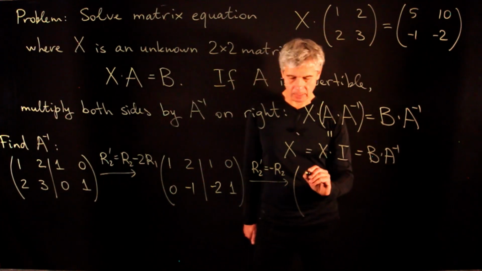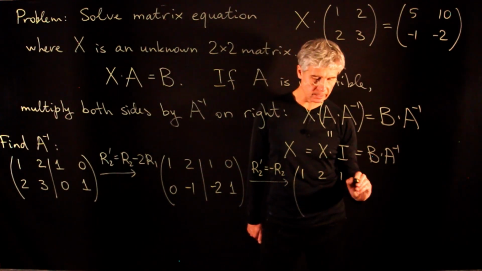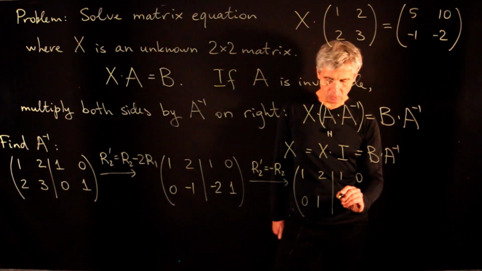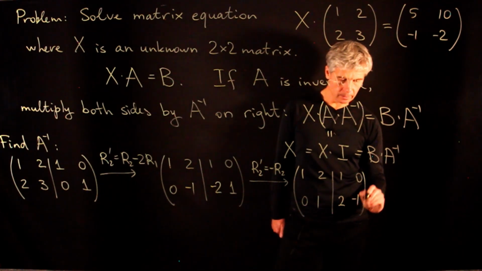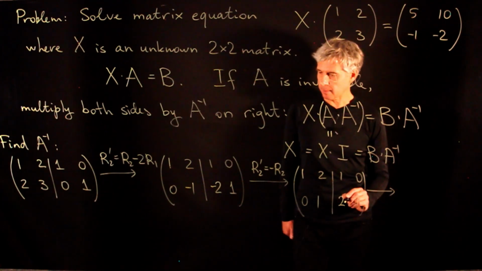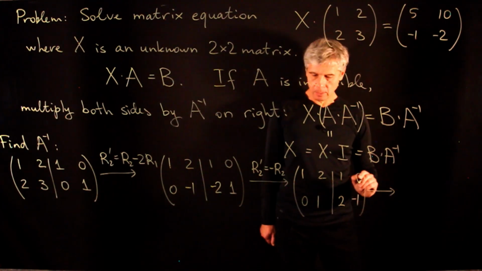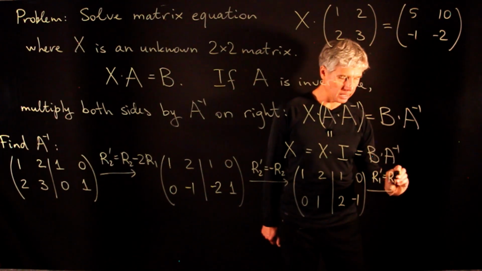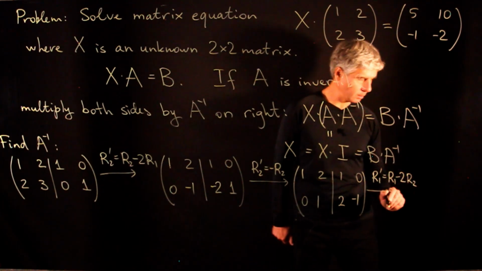This gives us 1, 2, 1, 0, 0, 1, and 2, negative 1. The last step is row 1 prime is row 1 minus 2 times row 2.